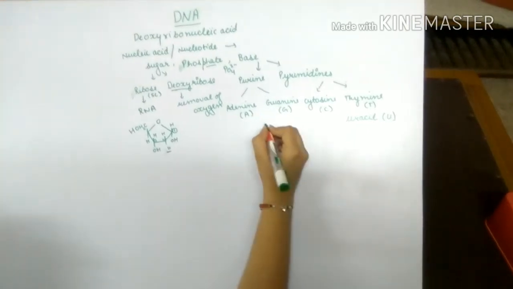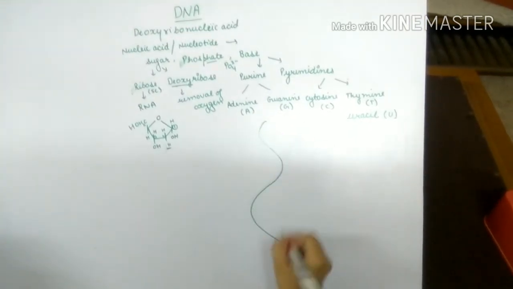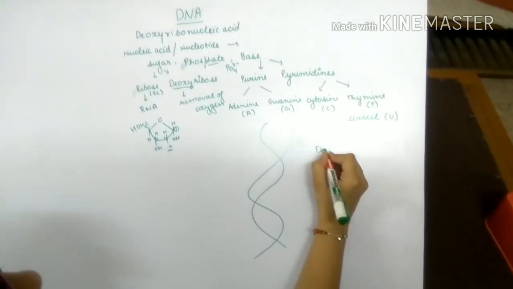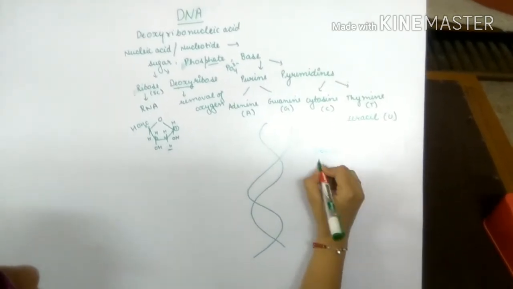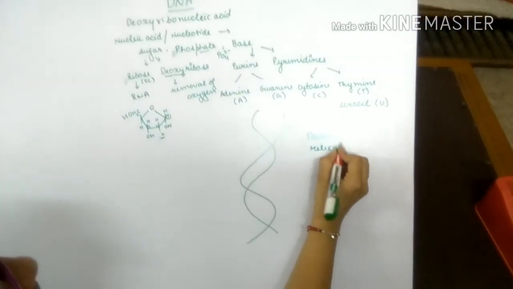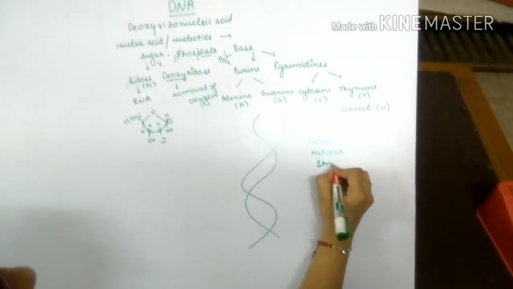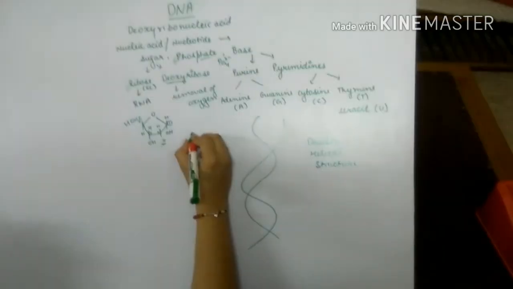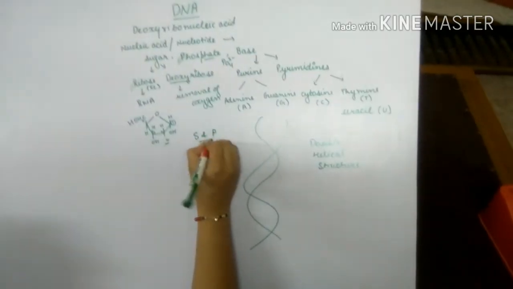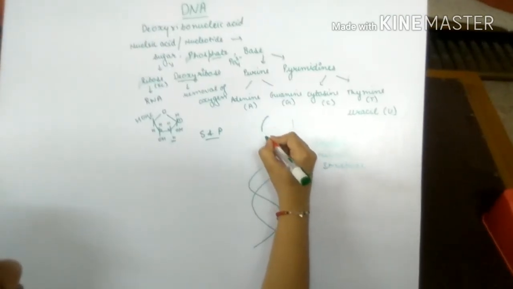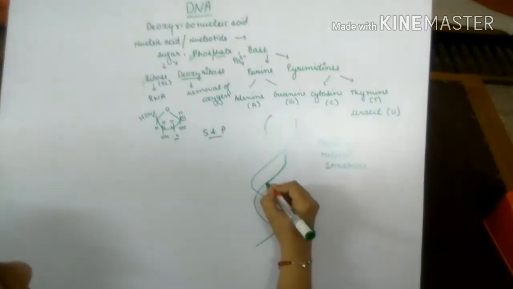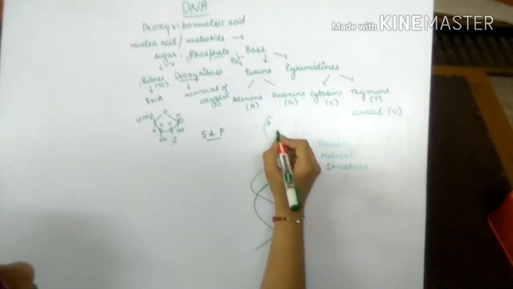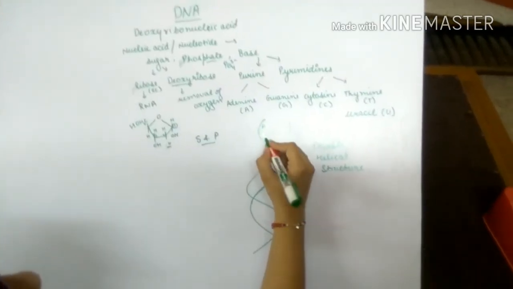Now, the DNA structure is a double helical structure. In this, sugar and phosphate form the backbone of the DNA molecule. This is the backbone, and adenine and the other bases come inside it.